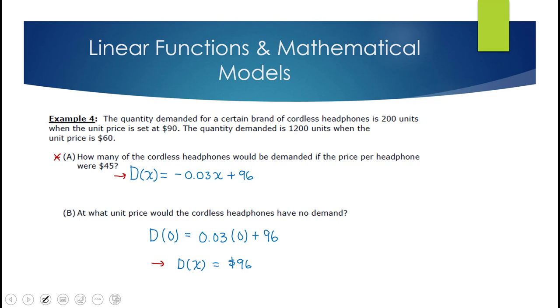But what would the demand be, or the number of headphones demanded, or x be, if the price per headphone were $45? Essentially you're letting the left hand side be 45, because the price is a function of the demand curve. This problem is dealing with demand, and all you want to do is solve this equation for x.